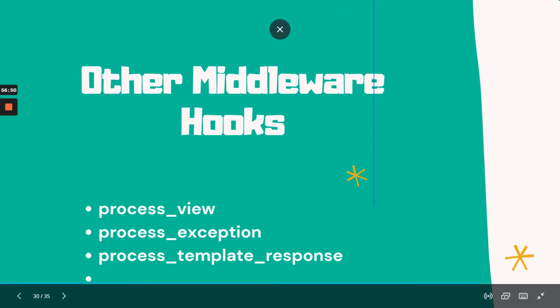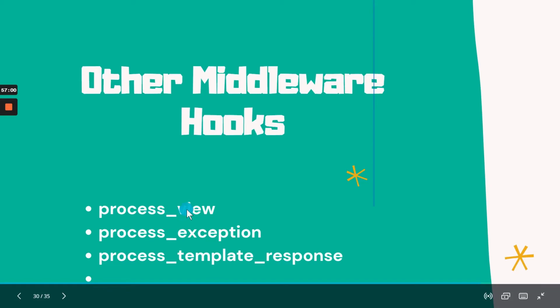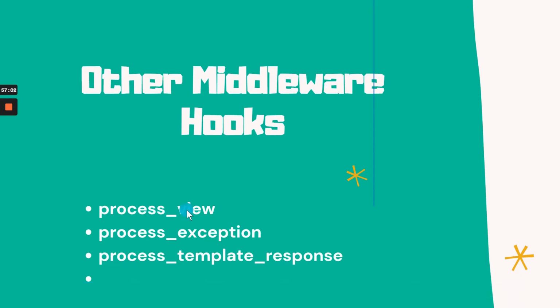So these are the three hooks that are available with you, and not limited to. Your process_view should either respond with the None object, which means the process will run smoothly and your middlewares will be called one after another.